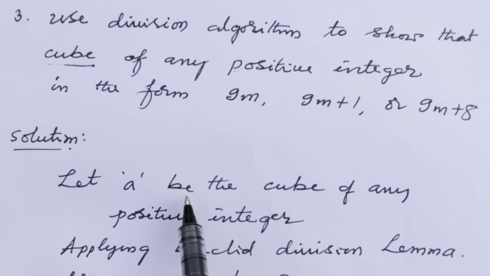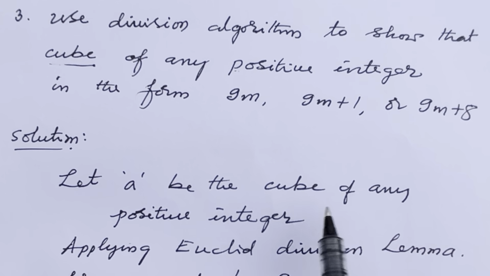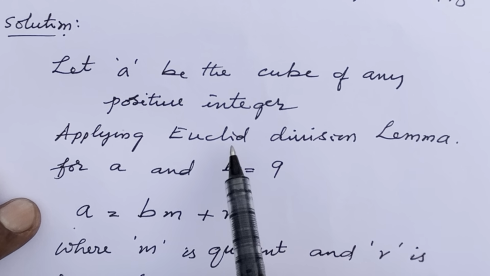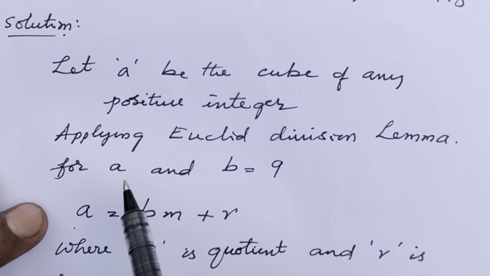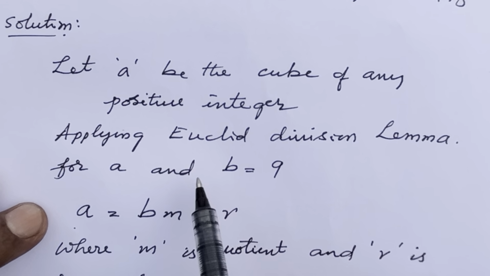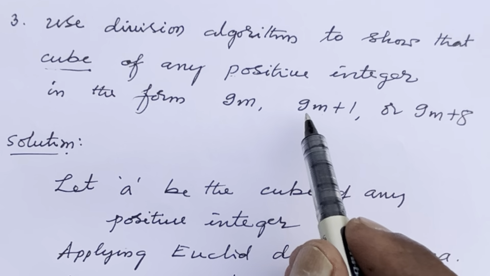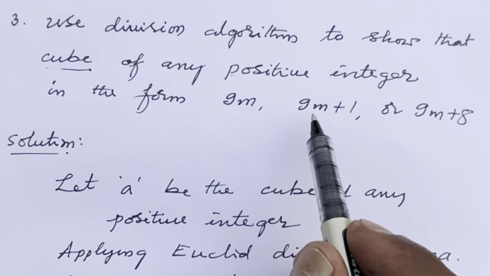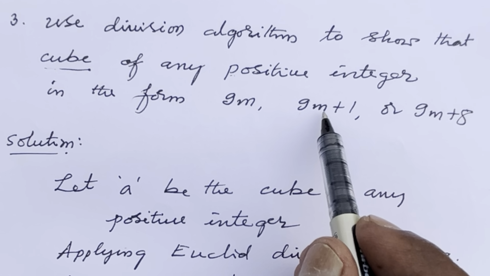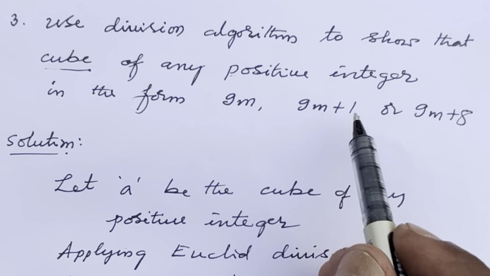Let a be the cube of any positive integer. Applying Euclid division lemma for a and b equal to 9. Why? Because here 9m plus 1. Here 9 is the divisor, m is the quotient, and 1 is the remainder.